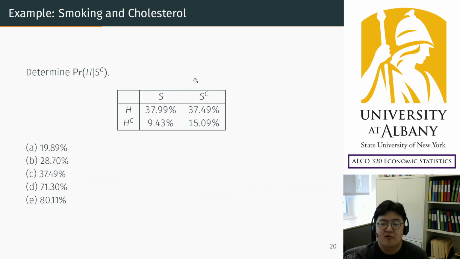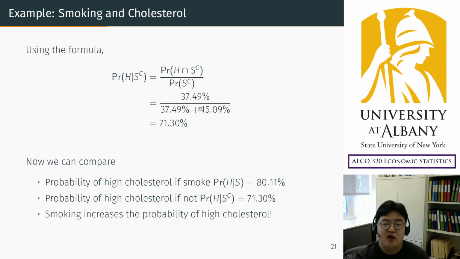Non-smokers are only here, so delete this side, and then calculate the probability out of this much. Out of non-smokers, only 37.49% have high cholesterol. Then you get 71.30%. So this is the probability of high cholesterol among non-smokers.